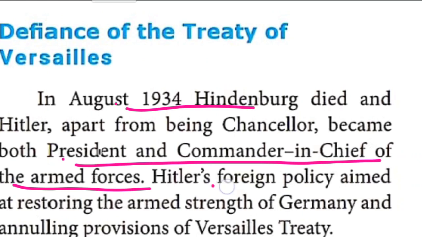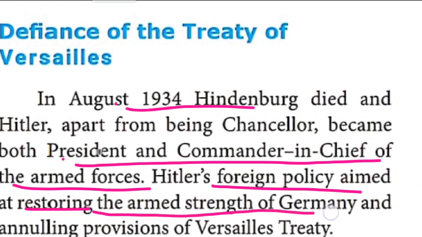So Hitler's foreign policy aimed at regaining, that is, Germany had to come up again: restoring the armed strength of Germany and annulling the provisions of the Versailles Treaty. What is meant by annulling, children? Declare invalid.